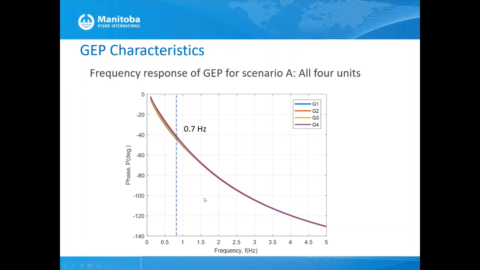So what is important is 0.7 hertz. We need the power system stabilizer to provide some lead compensation so that this lag of about 40 degrees can be compensated.